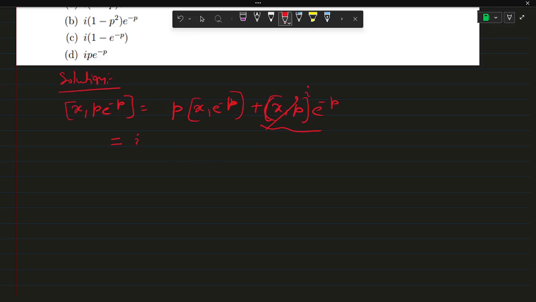So this is I e to the power minus p plus, now second term can be written as x, and this can be written in the form of Taylor series expansion. So we can write I, sorry, this is minus p plus p square by 2 factorial minus p cube by 3 factorial, and so on.